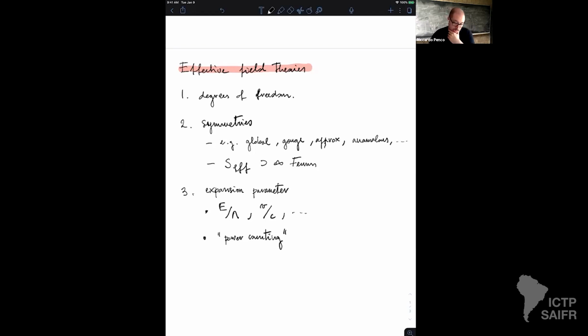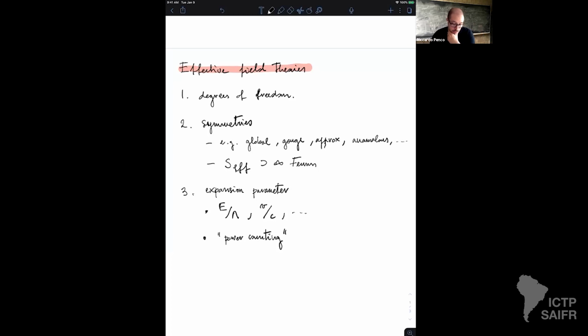And so what we will learn in these lectures is how to implement these three principles in various different examples. We'll discuss what kind of difficulties you might encounter and possible ways of overcoming them.